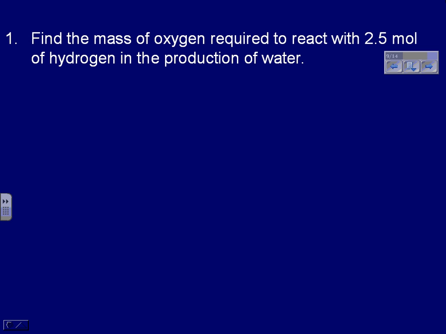Balanced chemical equation. Got to have a balanced chemical equation or you can't solve it. You've got to know what those ratios are. What do we got? We'll take the formulas. If you don't have it balanced, we'll balance it in a second.